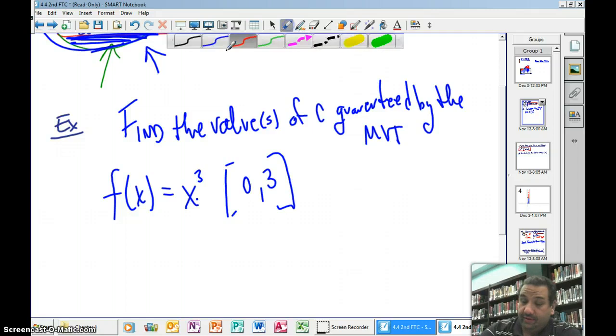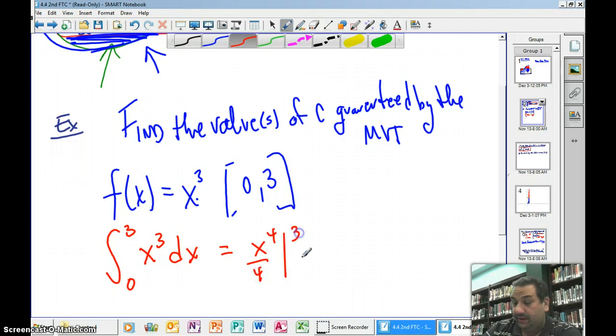So what I'm going to do is the integral from 0 to 3 of x cubed. When I integrate, I get x to the 4th over 4, evaluated at 3 and 0, which turns out to be 81 over 4. This 81 over 4 is now equal to f of c, the function at c, times b minus a.